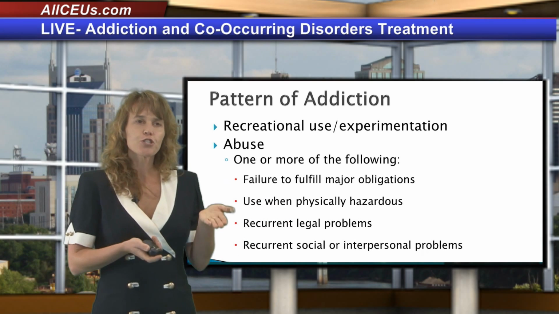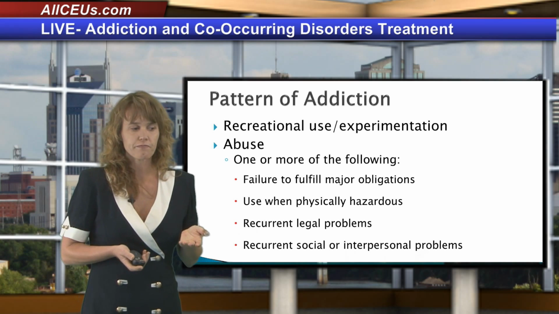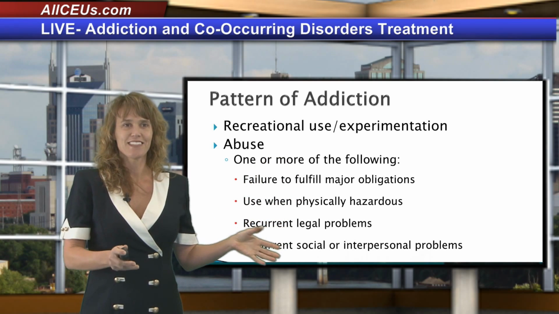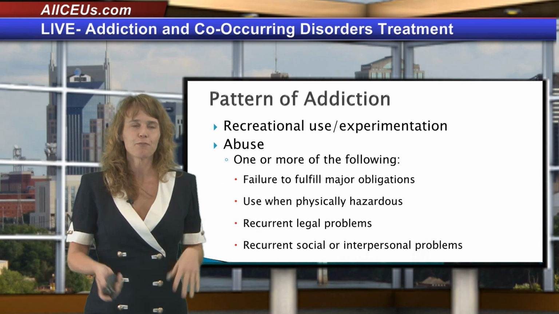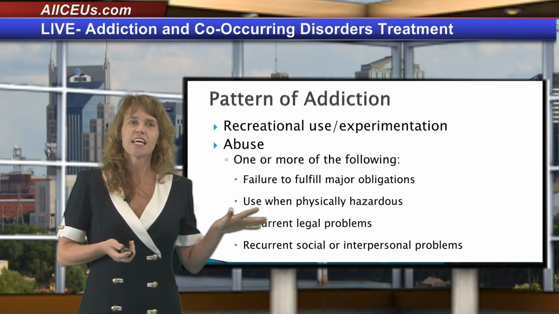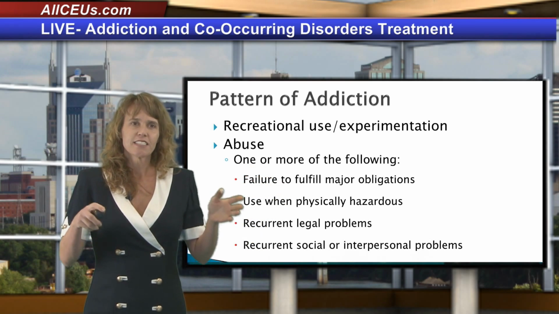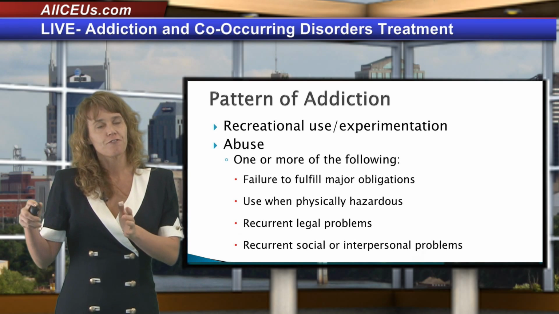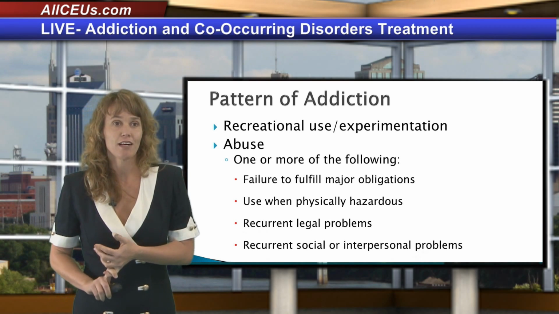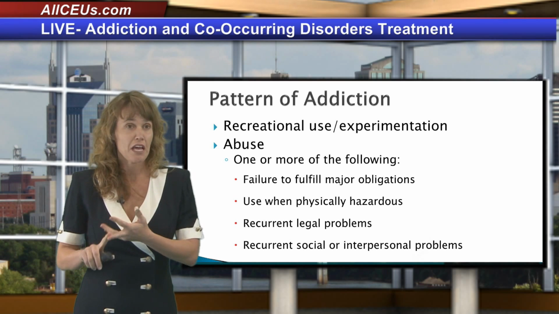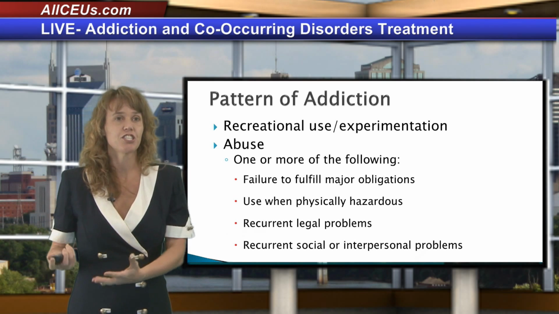And recurrent social or interpersonal problems. You have this great group of friends you've grown up with since high school, you spend a lot of time with, they're fun to be around, you go out and do things, but gradually you start changing your circle of friends to that circle of friends that wants to sit around, use, gamble, do whatever that addiction is.